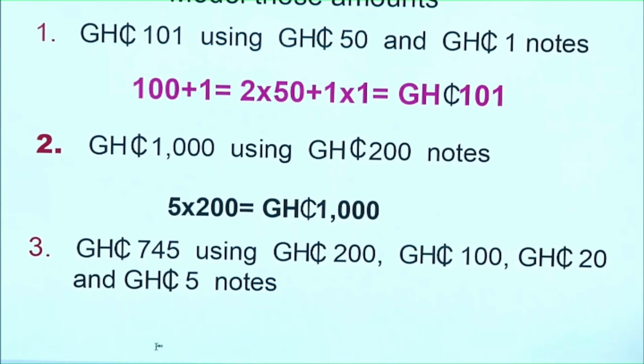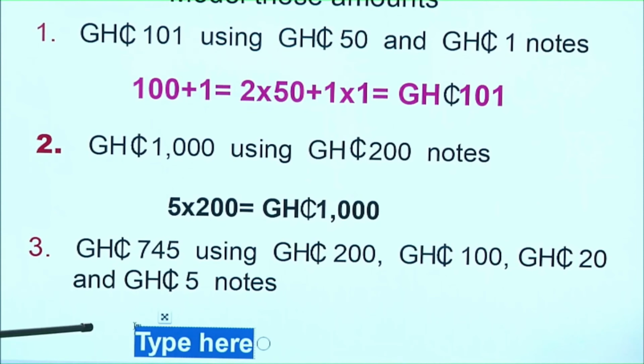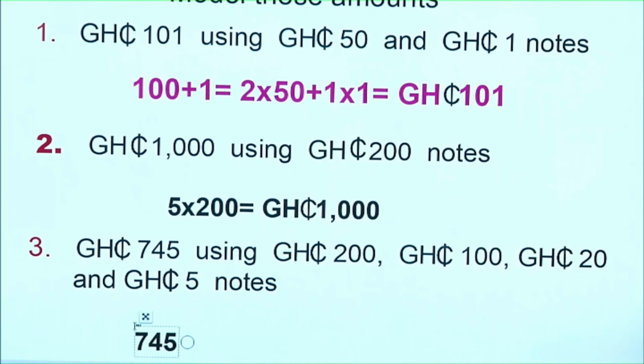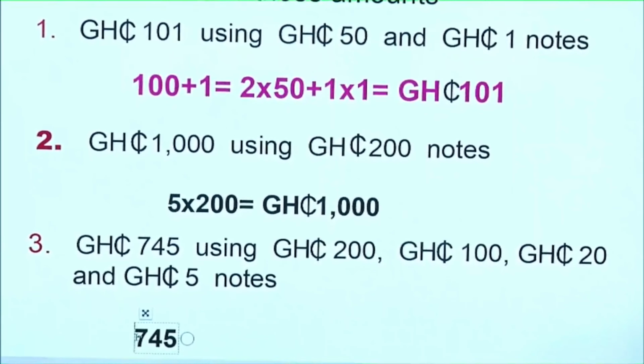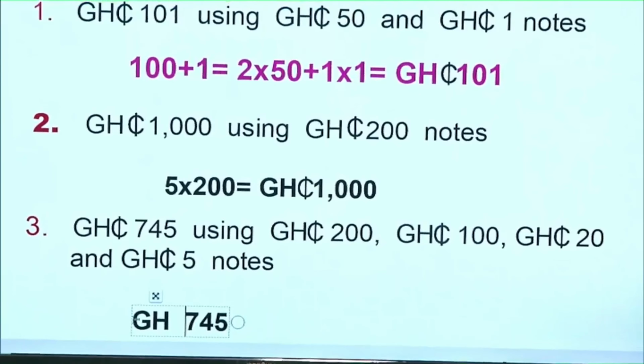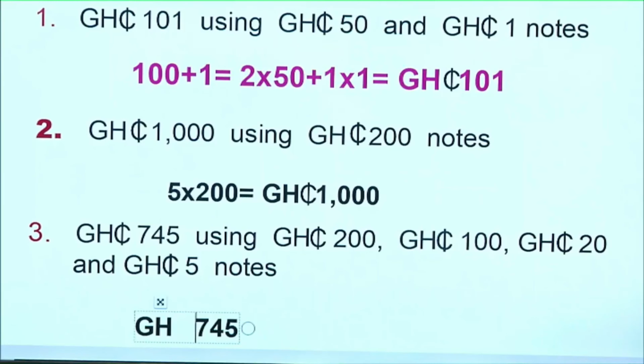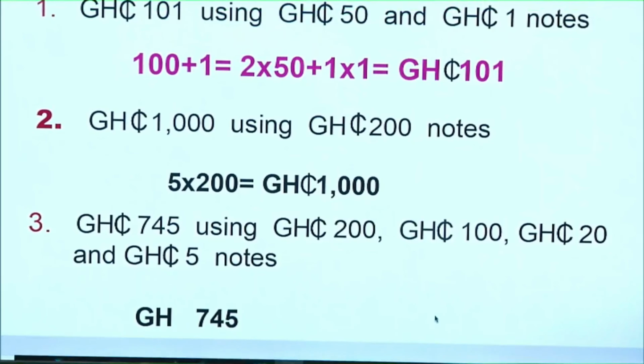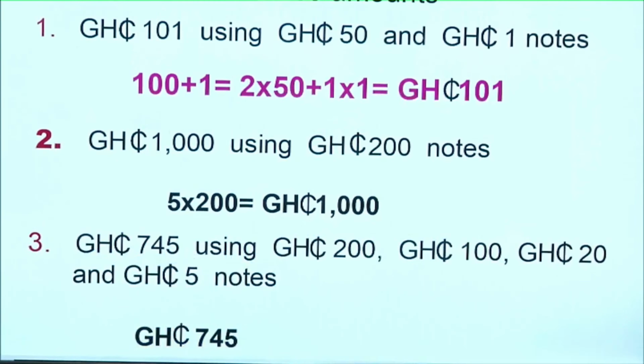So this will give me, let me write my 745 Ghana cedis. Yes, that is what I'm going to model.